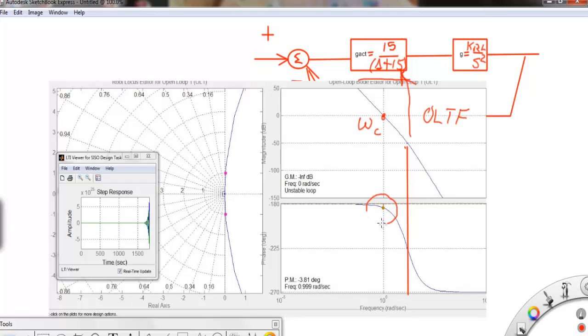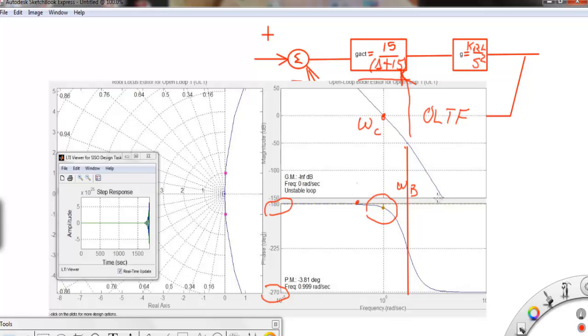Because the phase kicks in going another 90 degrees down from minus 180 to minus 270, that phase angle kicks in at 1/10 the break frequency. So if the break frequency is 15, if this is omega B of 15, then at 1/10 of that, the phase angle will start to decrease by 90 degrees more.